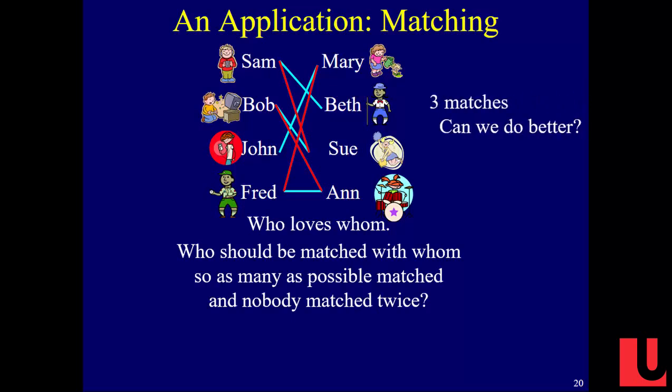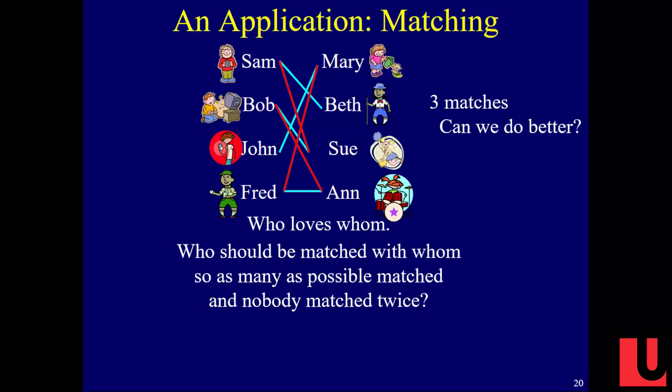So here you'll see we've matched 3 people, but John isn't married, and neither is Beth. Right? So one thing we could see is, can we get John married? Well, how do we get John married? He would have to marry Mary, but Mary is married to Fred, so Mary would divorce Fred.